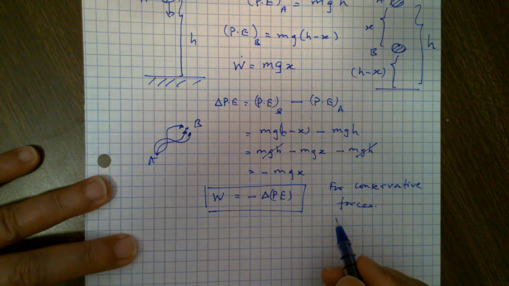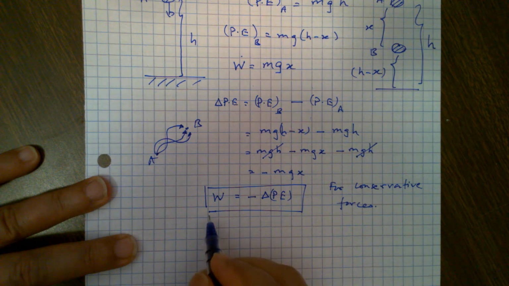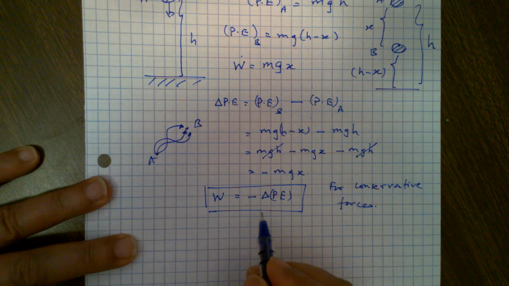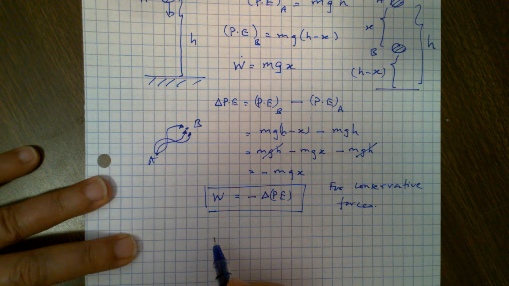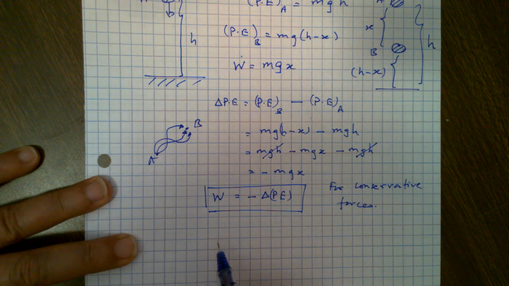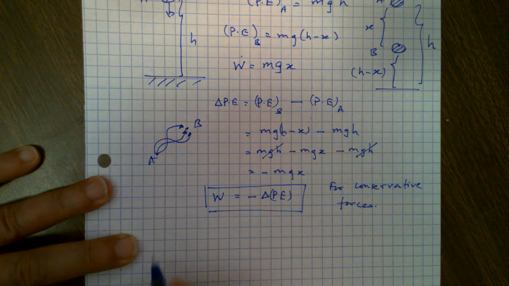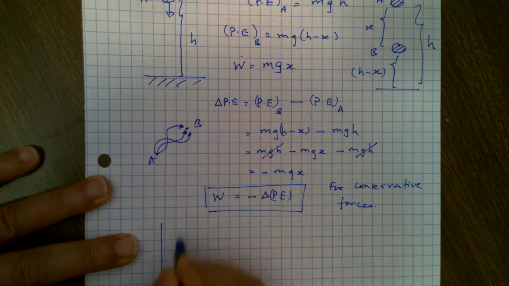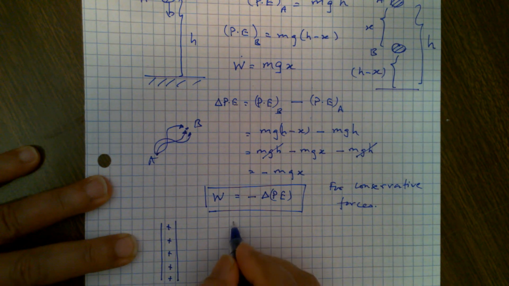So for electric force, we will also write W is equal to negative delta PE. Now as you can see, that delta PE depends on the mass m, so in our case it will depend on the charge Q. So in order to see how similar it is, let's draw a positive plate, and then I'll draw a negative plate here with negative charges on it.